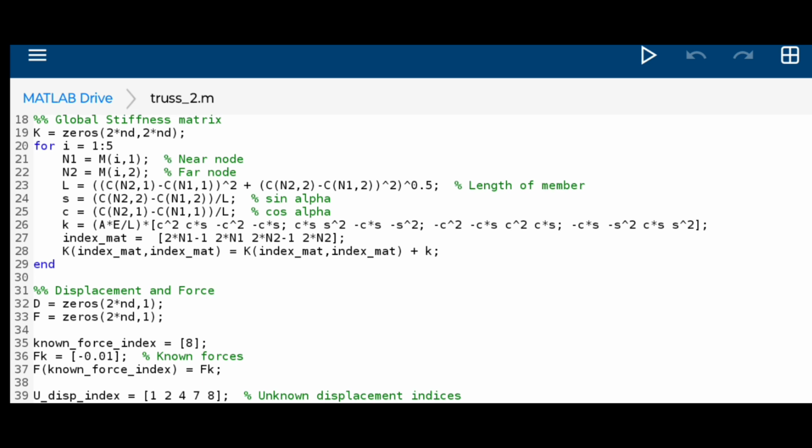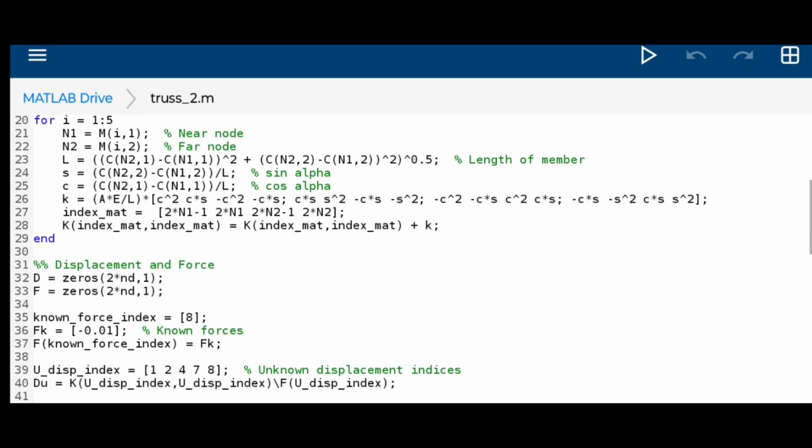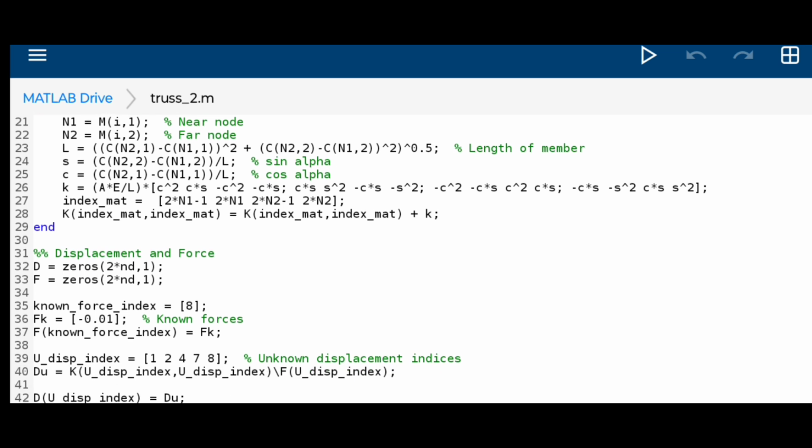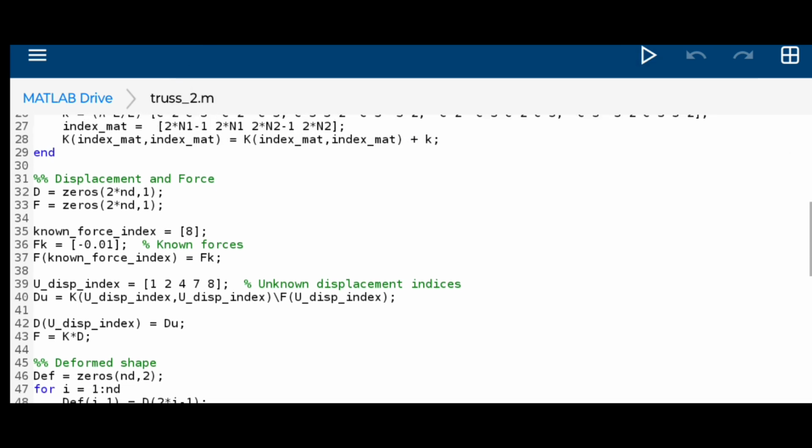As I have already shown you on the paper, it is 2n minus 1: for the first node 2 into 1 minus 1, so this will update at 1, then 2 into 1 is 2, and for node 2, 2 into 2 minus 1 is 3, and then 4, so 1 2 3 4. This will repeat again and again, as the nodes define where it will be updated. So this is just the updating of the global stiffness matrix.